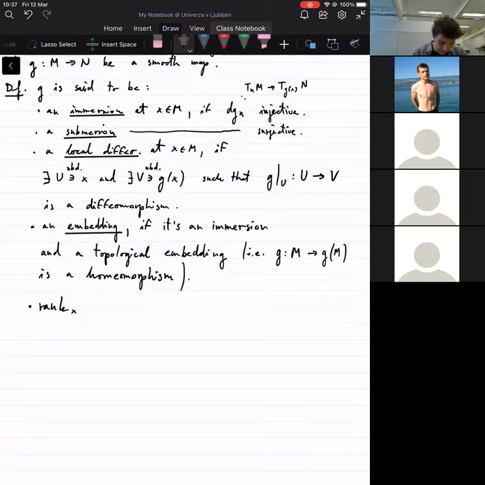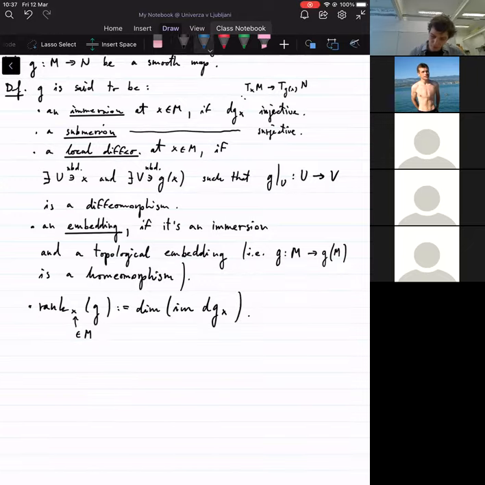Rank_x of G is defined as the dimension of the image of dG_x. So this is like some point in M now, right? Of course, this rank is not necessarily everywhere the same, right?